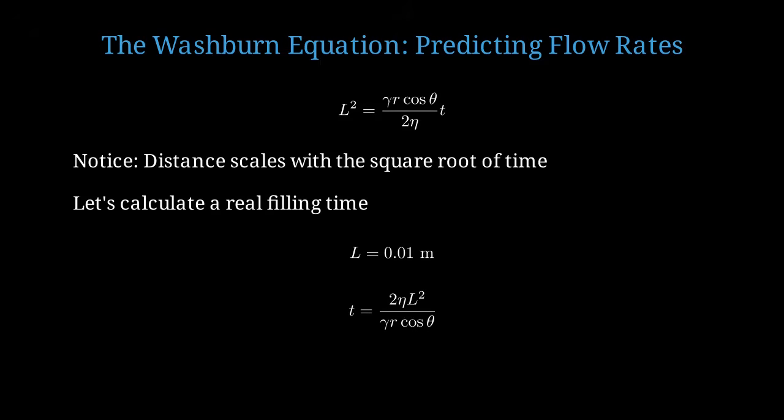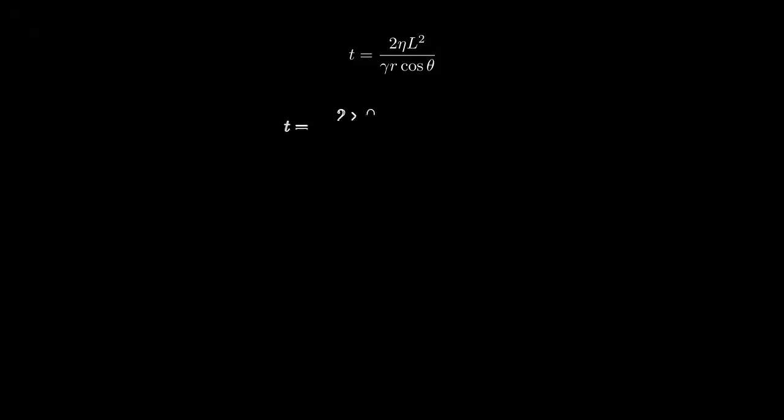Rearranging, t equals 2 eta L squared divided by gamma R cosine theta. Plugging in the numbers, t equals 2 times 0.001 times 0.01 squared divided by 0.072 times 50 times 10 to the minus 6 times 0.94. This gives approximately 0.59 seconds, so a 1 centimeter channel fills in less than a second, which is quite fast.